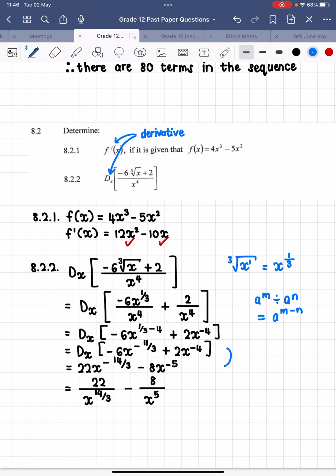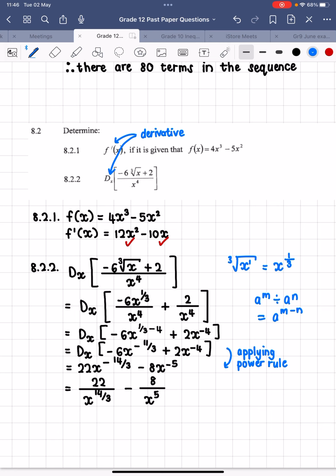Now here I am applying the power rule. So I'll just say power rule. So only in that step do you drop the dx. And guys, unfortunately, if you're applying the power rule and you are still writing dx, you will also lose a mark. Okay, so you have to go from dx to no dx.